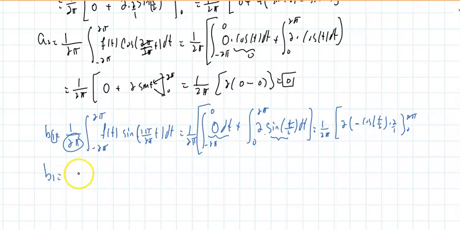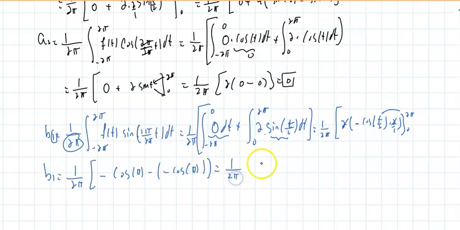So b sub 1, I'm getting it to be 1 over 2 pi times negative cosine of pi minus a negative cosine of 0. That is 1 over 2 pi times, this is a negative 1. So that's a 1, and this is a 1 plus a 1. I'm getting that to be 2, that's 1 over pi. Okay, I got the first b.